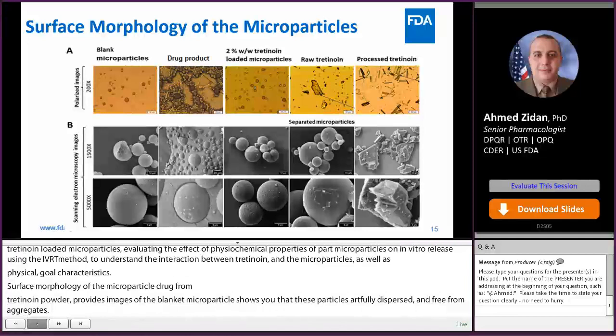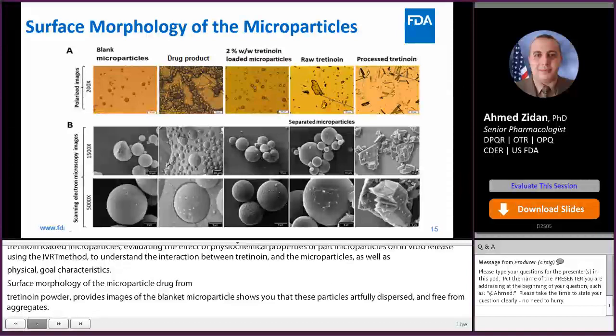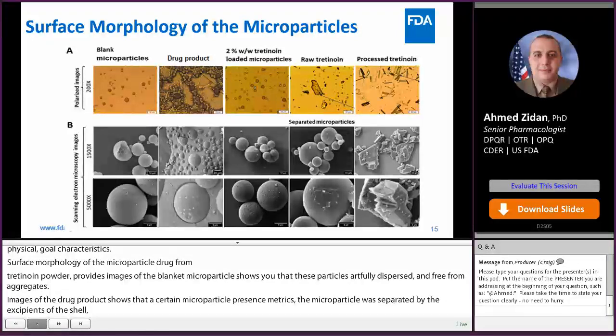These microparticles were well separated by the semisolid excipients of the shell, and no excipients were observed. At the magnification of 200x by polarized microscope, it was not feasible to visualize the surface characteristics of the microparticles. Hence, scanning electron microscope was used for this purpose.